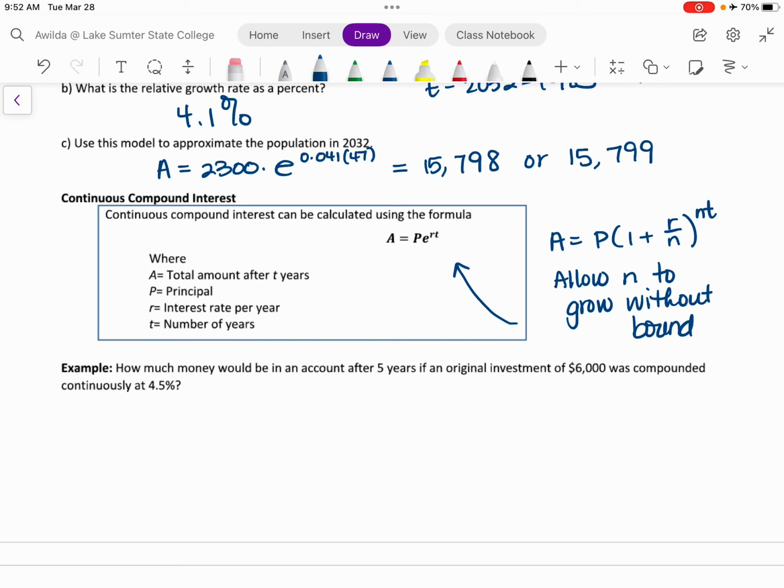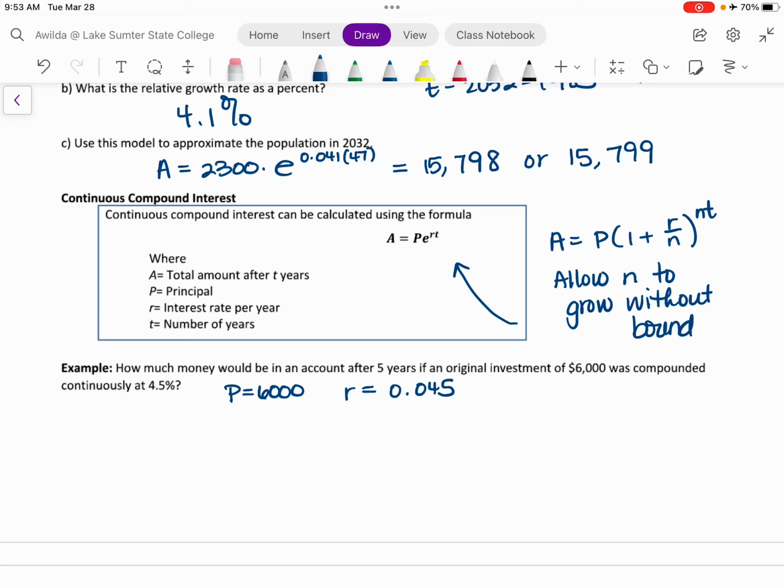The question here is, how much money would be in an account after 5 years if an original investment of $6,000 was compounded continuously at 4.5% interest? So here we have that the original amount is $6,000. We have that the interest rate is 4.5%, which we'll write as 0.045 in decimal form.